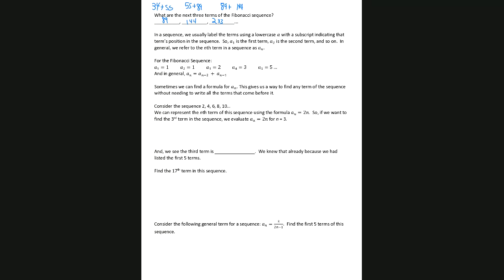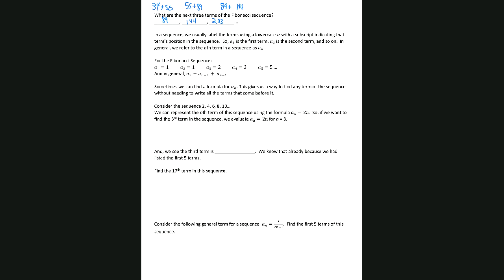So in the Fibonacci sequence, we could say a sub 1 is 1, a sub 2 is 1, a sub 3 is 2, a sub 4 is 3, and a sub 5 is 5. And in general, the way that you get a sub n is by taking a sub n minus 1, so the term right before n, and then the term right before that, a sub n minus 2, and adding them together. So that's how you might get the Fibonacci sequence if you wanted to express it generally.